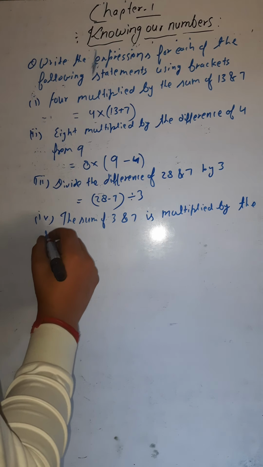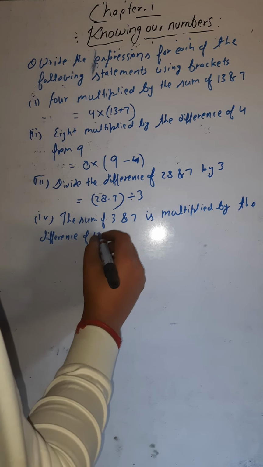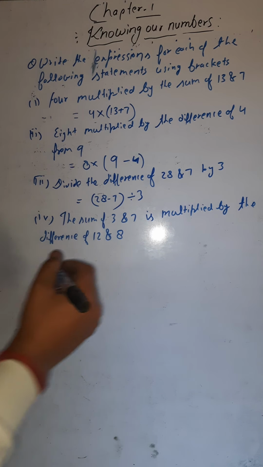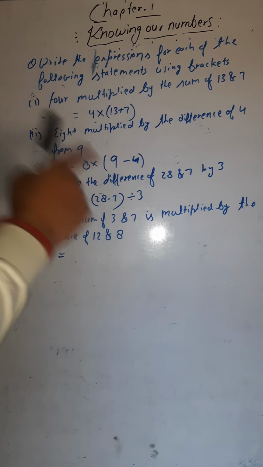The difference of 12 and 8 means here how would you write the expression? The sum of 3 and 7.